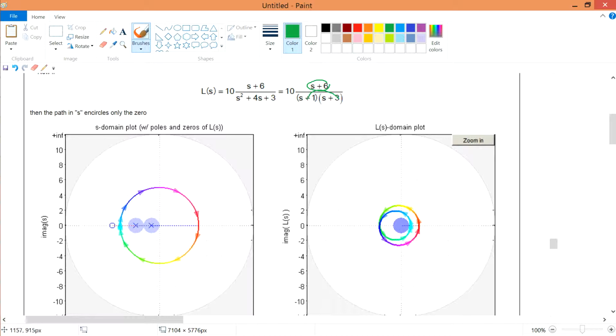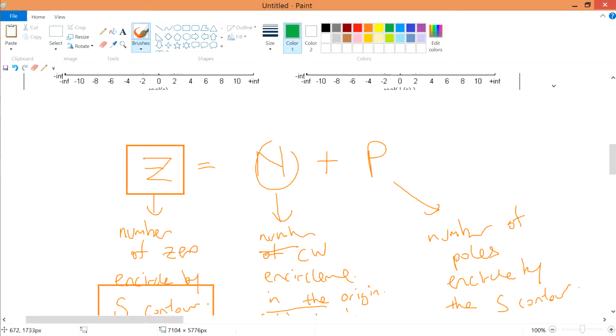One zero, two poles. And then when I plot the zeros and the poles over here, I will see that these two poles are inside this S contour, and there is no zero. This zero is outside the S contour, and therefore I can say that Z is equal to 0, P is equal to 2, and therefore N is equal to minus 2. If I bring this P, which is plus 2, over to the other side, it will become minus 2.